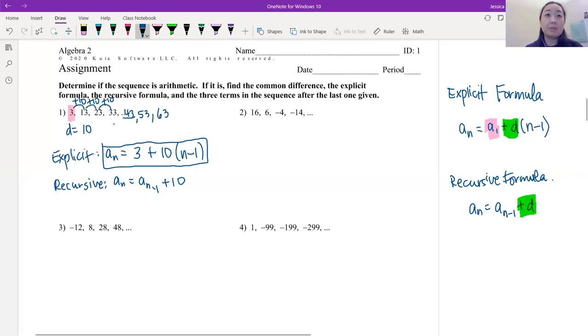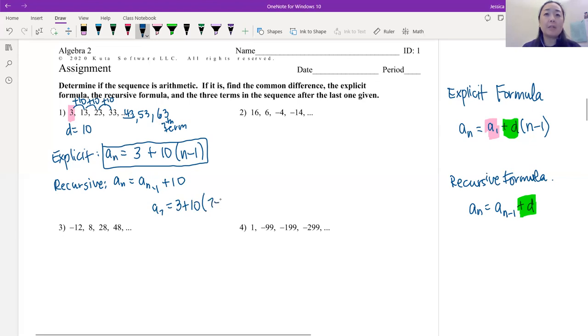If you really wanted to, so this is the 1, 2, 3, 4, 5, 6. This is the 7th term right here, right? So what we could do, just to show you that this works, is use the explicit formula. You don't need to do this on the test, but I'm just showing you how it works. So a sub 7 is equal to 3 plus 10, and remember, we substituted a 7 for n.